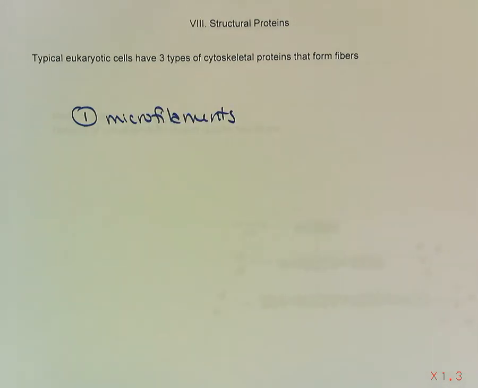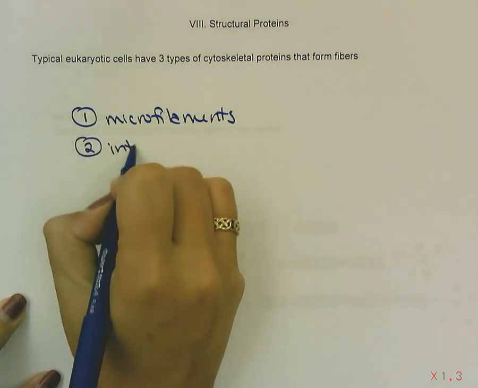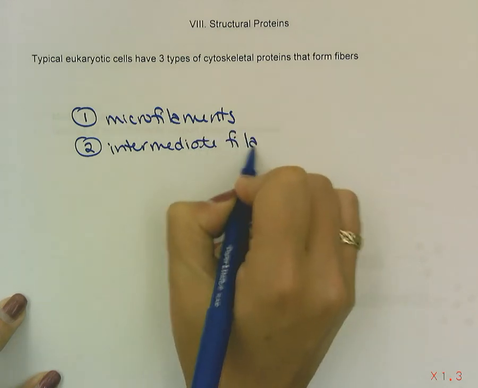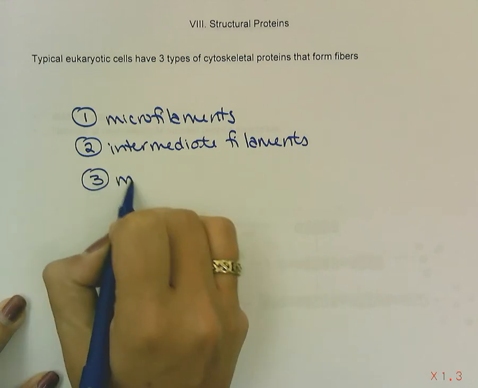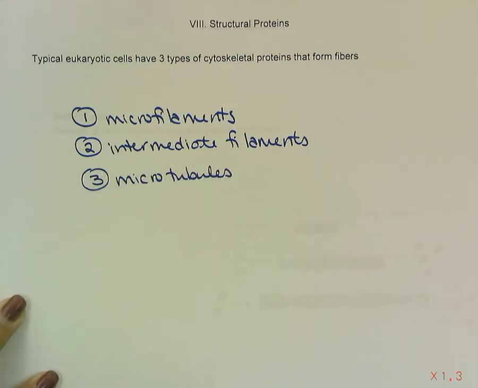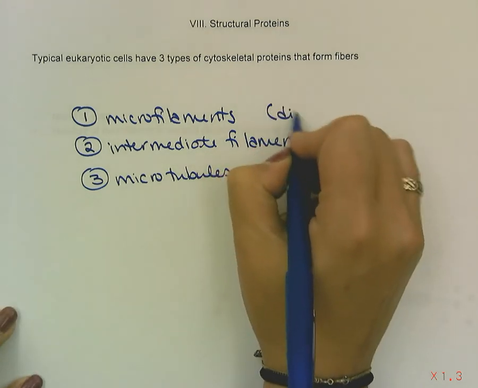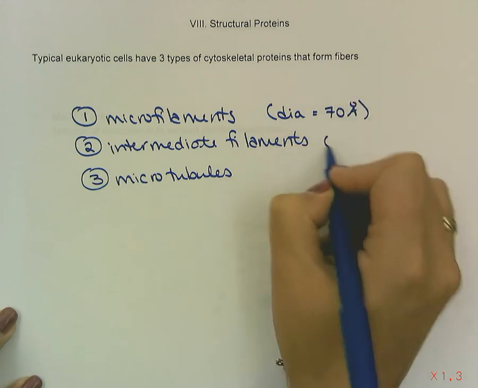We're going to take a quick look at microfilaments, intermediate filaments, and microtubules, which are based on the diameter of the fiber.